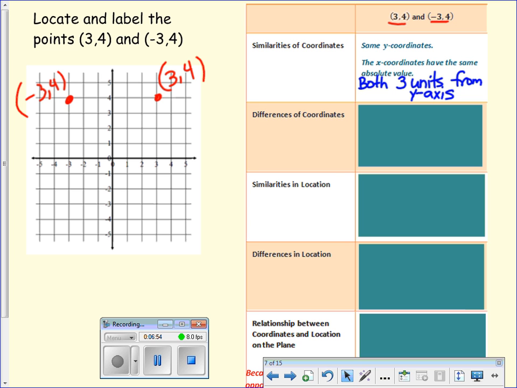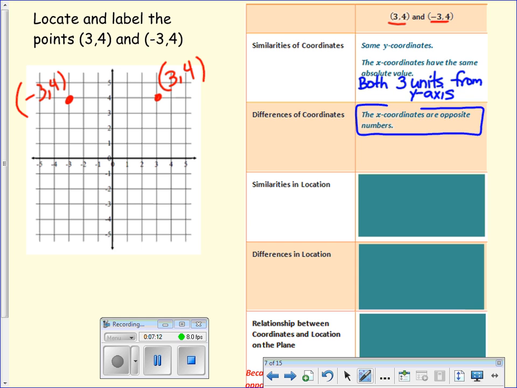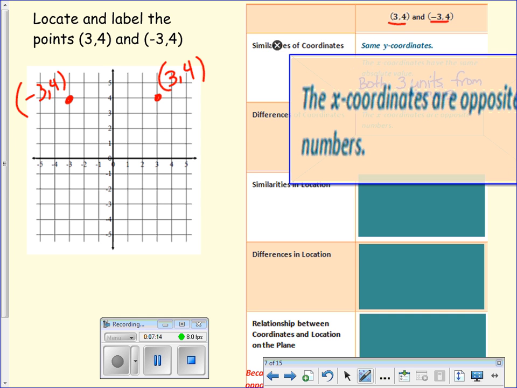The x coordinates. So they have different x coordinates. One is on the left of the y-axis, and one is on the right of the y-axis. So that means the x coordinates are opposite numbers. Nice and simple.